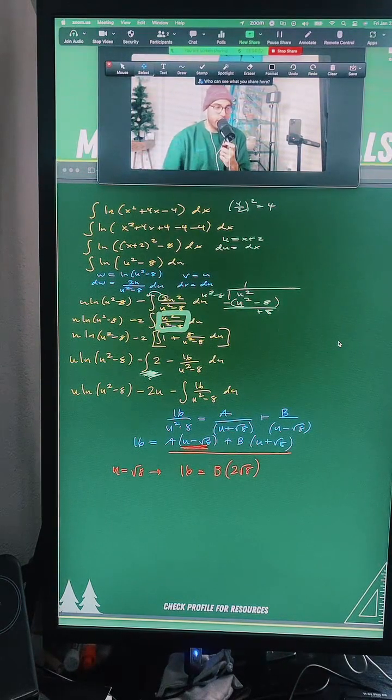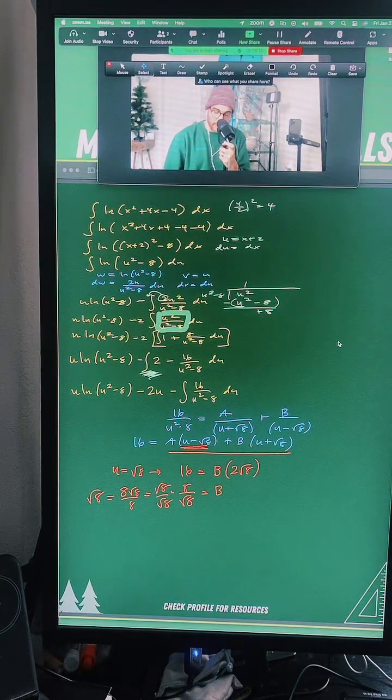If I divide that to the other side, b is equal to 8 over root 8. Let's simplify this by multiplying both the top and the bottom by its conjugate. That gives me 8 root 8 over 8, which is just root 8. That's really nice.